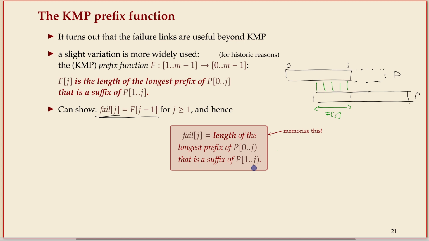And again, the prefix suffix thing is just a convoluted way to say what the picture says. This whole thing is a prefix of the pattern. Now we take another prefix of the pattern, and it should be a suffix of that prefix. Untangling the words in pictures usually makes it easier. But it's probably good to memorize this and untangle it when you need it on the spot.